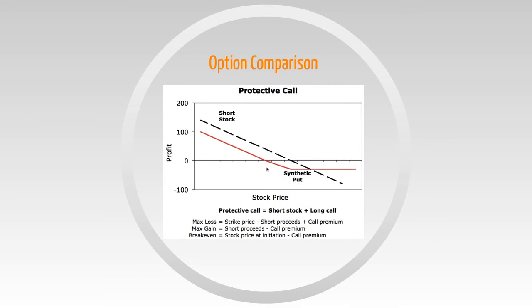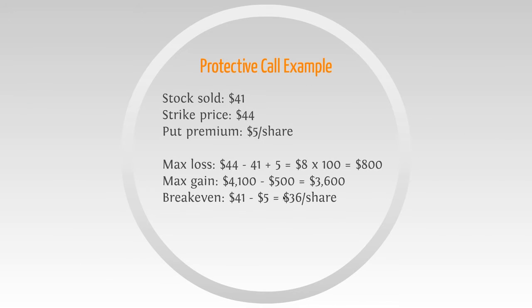And you'll notice again, this solid line is the same behavior as if you had just bought a put position. And the math for that, again, works out the same as a put position. We have a loss of $800, which is similar to the upfront premium, and then gains as the stock goes down to zero, offset by the premium of $3,600, the premium that we had to pay, which offsets that gain.